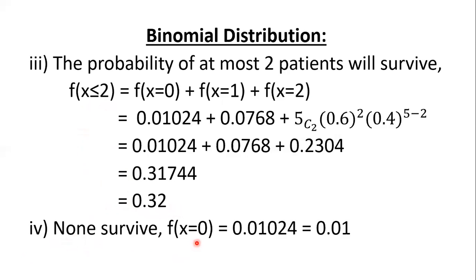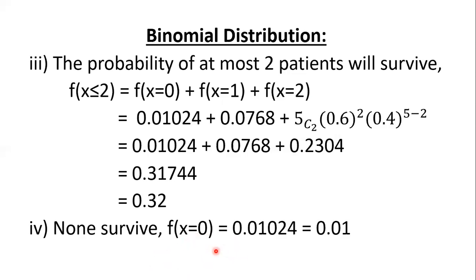Now, we know the probability function of the binomial distribution P(X = x) = nCx p^x q^(n−x).